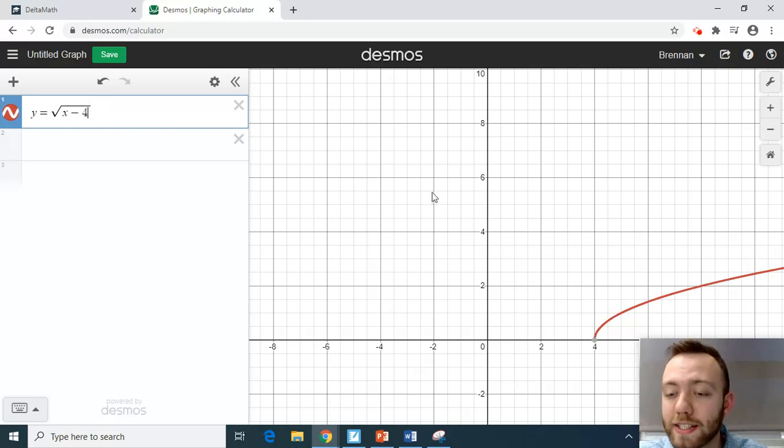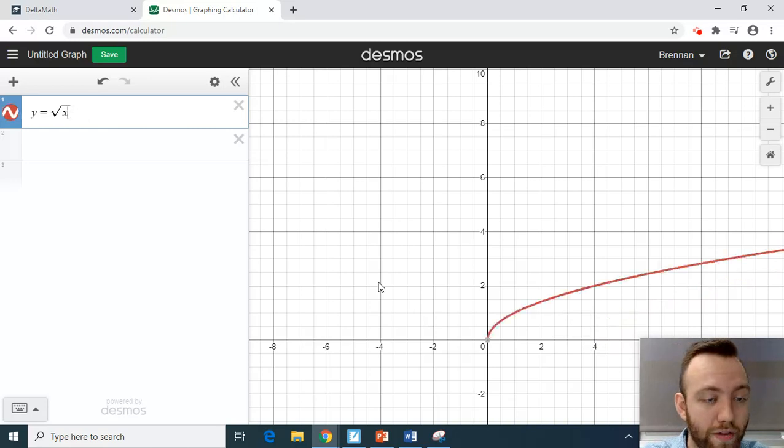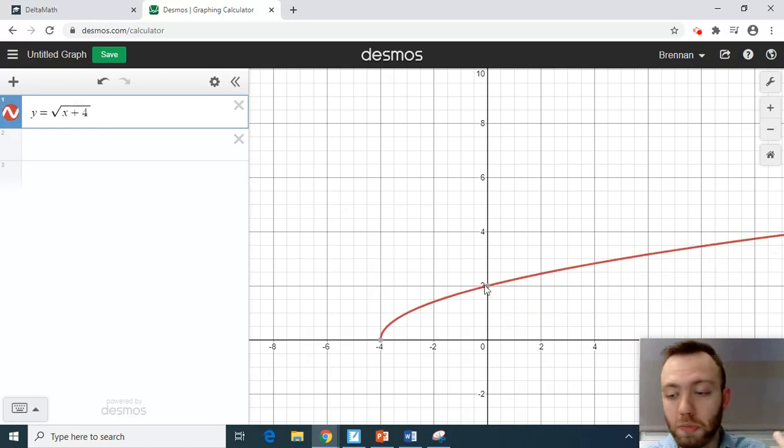Because if x is positive 4, 4 minus 4 is 0, square root of 0 is 0, which makes sense. And same thing, if I have plus 4, we move to the left 4. If x is negative 4, plus 4 is 0. And so that makes sense there.